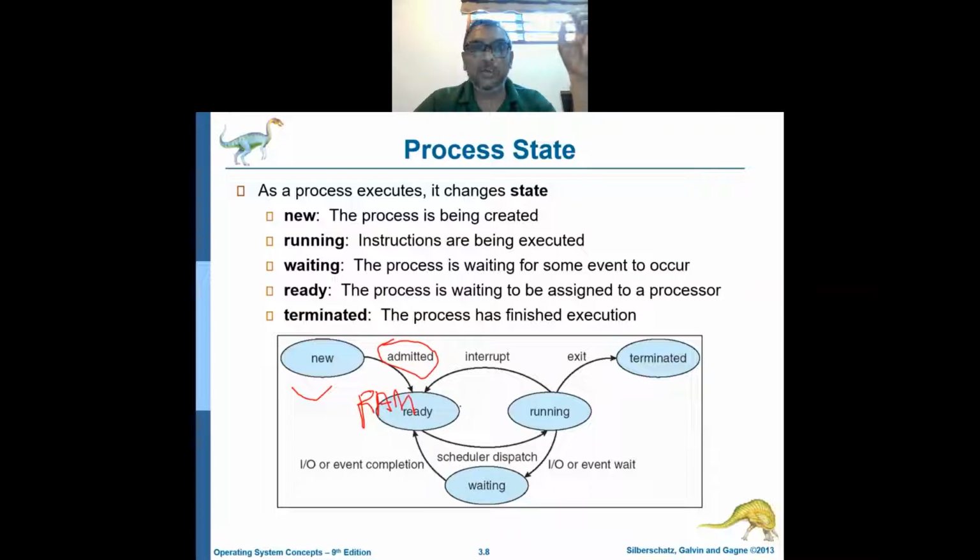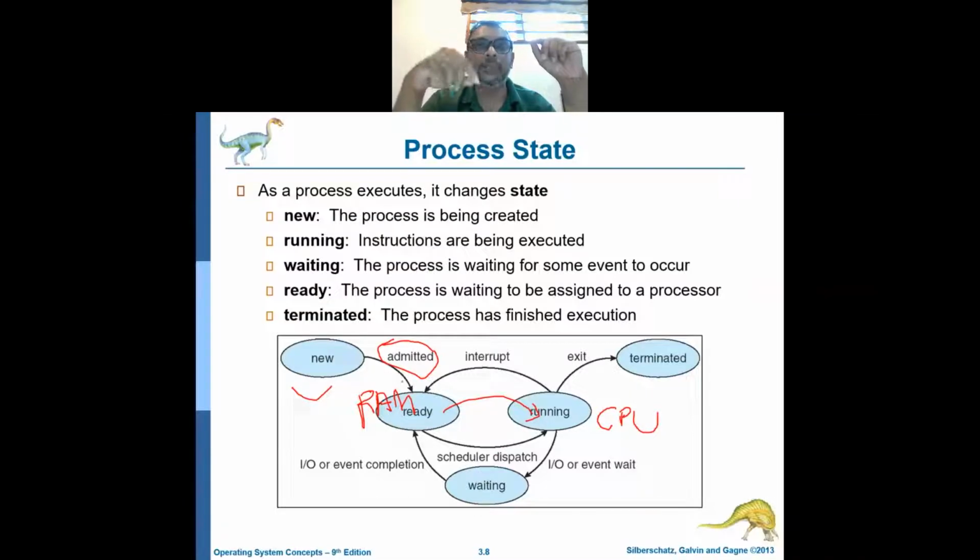Once there is an empty spot inside the CPU, the operating system gets the process from here and puts it inside here. So now the process is inside the CPU and is being run.